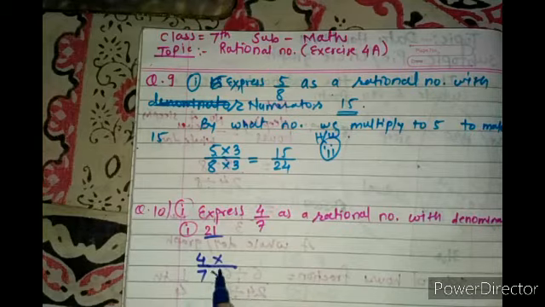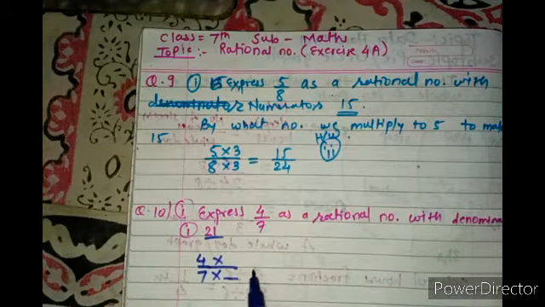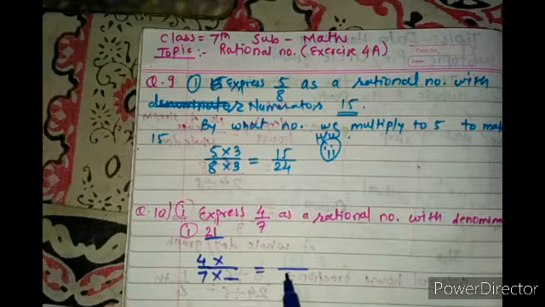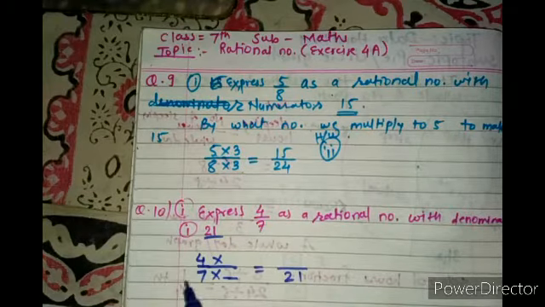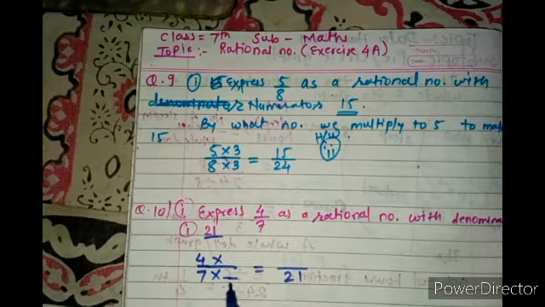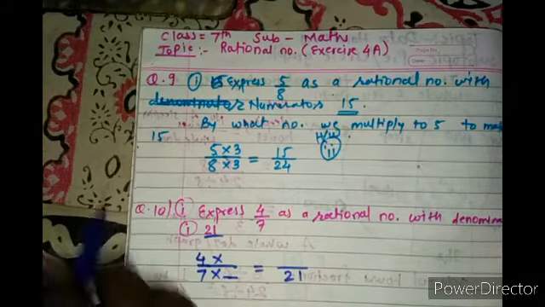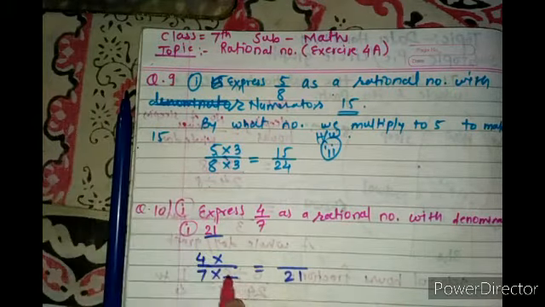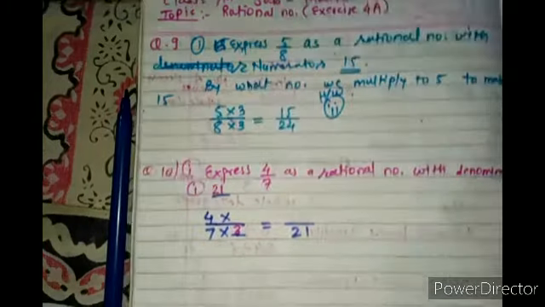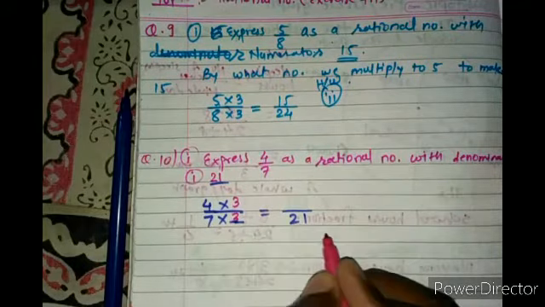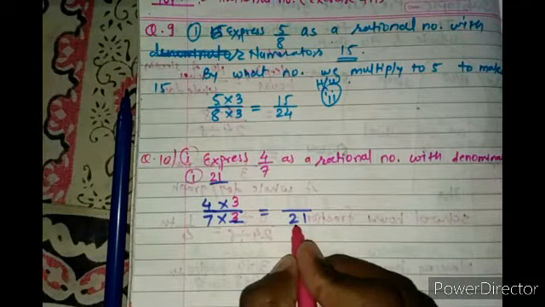By what number will we multiply this denominator to get 21? Naturally we will multiply 7 by 3. So I will write 3 here and also 3 here. So we already got the denominator 21.